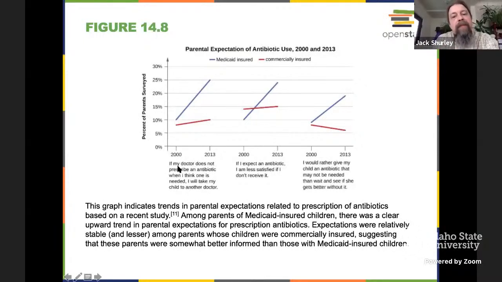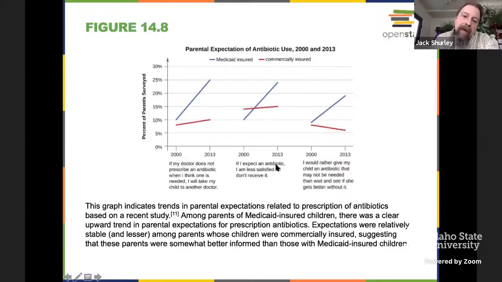So, if my doctor does not prescribe an antibiotic when I think one's needed, I'll take my child to another doctor. And you can see all of the Medicaid is like this, right? So it's more likely that they will do that. So here it was 10% in 2000, and in 2013, 25% would say that. With the commercially insured, it's roughly the same at about 10% across the board.